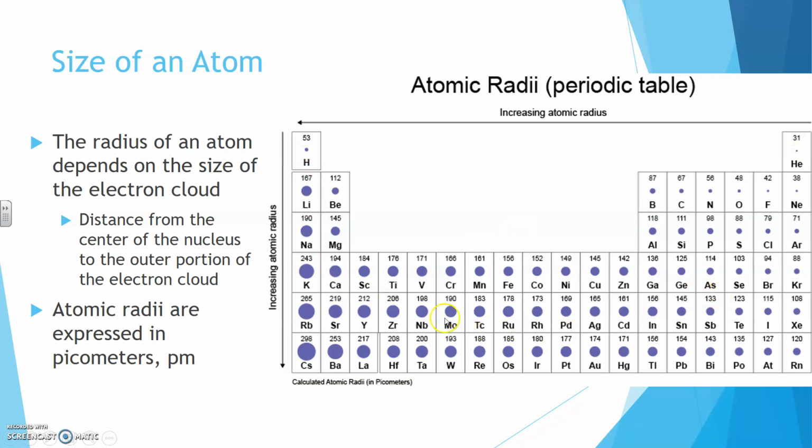Now, a lot of the elements, once you're inside of the transition metals, have very similar atomic radii, but the general trend increases from right to left and then from top to bottom. So your biggest atom is going to be in the bottom left corner, and the smallest will be in the top right corner. And these numbers show you the radii in picometers of that element.